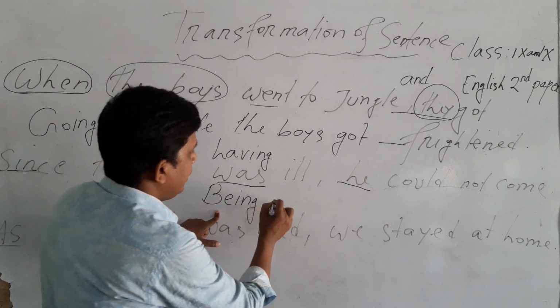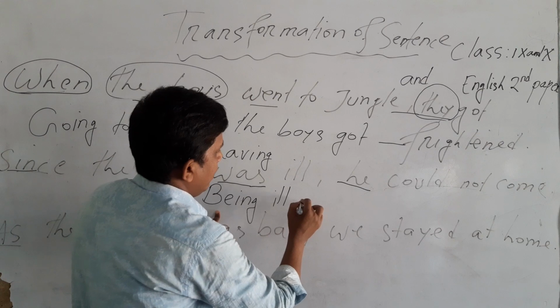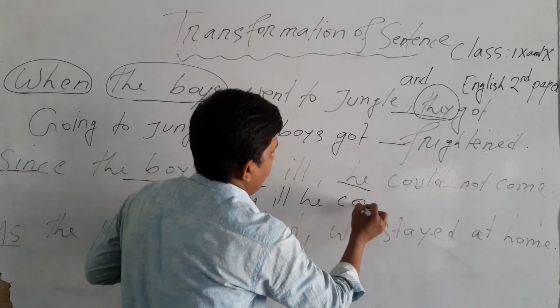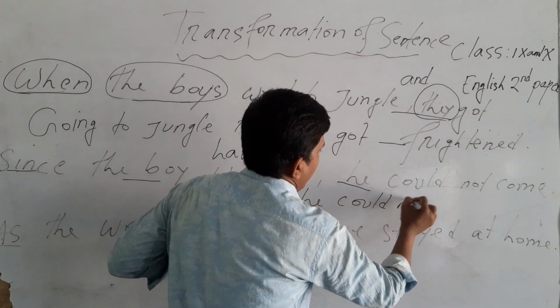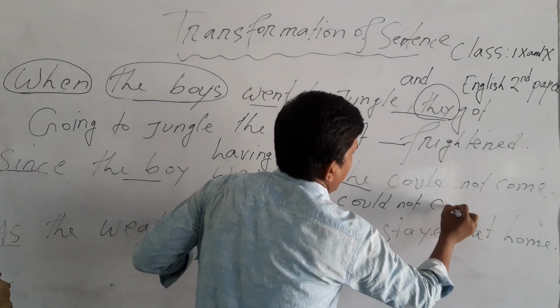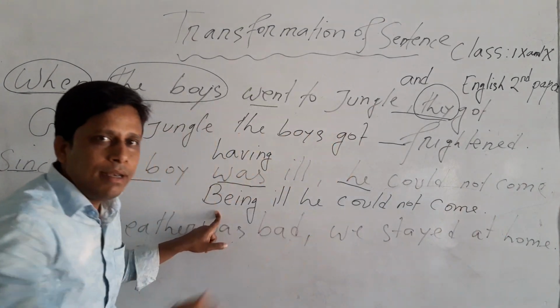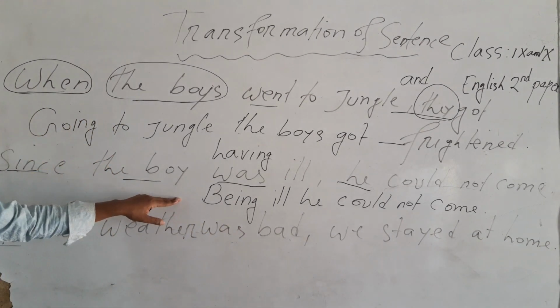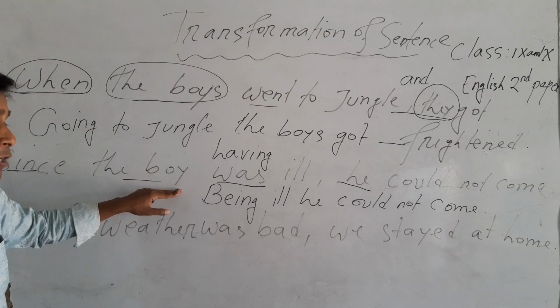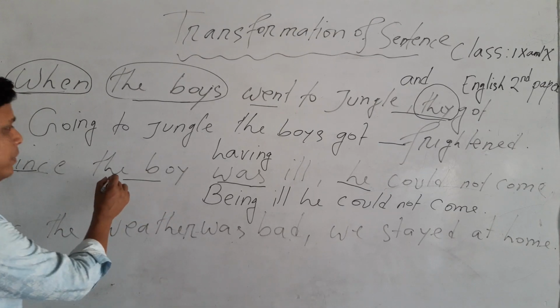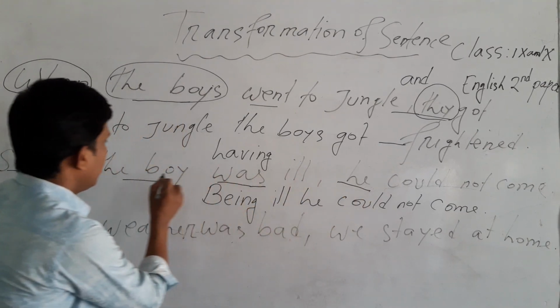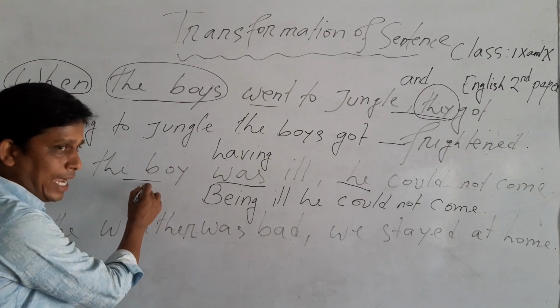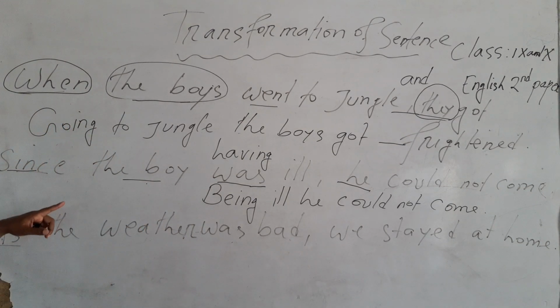For example, being ill, he could not come. This is a simple sentence. There is another way to transform this sentence into simple. For example, if the two subjects of the two clauses are the same, then we may start with "because of" instead of "since".